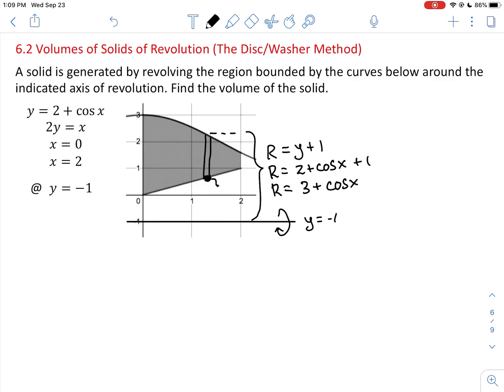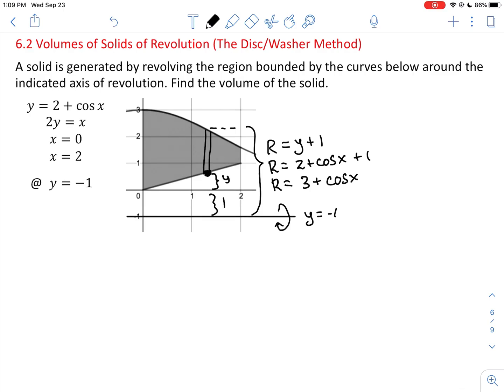We know that the length from that point to the x-axis is a y-coordinate, and then there's an extra 1 down here. So little r is going to be y plus 1. But because that's a y-coordinate for a different curve, I want to use this y-coordinate. So little r is going to be, and this is not yet solved for y, so you're going to want to do that. Divide both sides by 2. And so you have y equals x halves, and that's what you want to place right here.